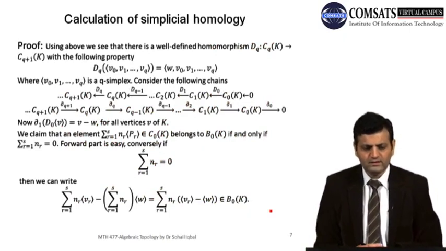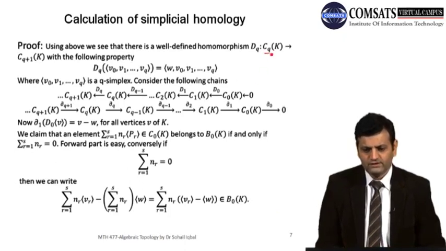Okay, so let's see the proof of our main proposition. Now, using the above lemma, we define a homomorphism from CQK to CQ plus 1K, with the following property.